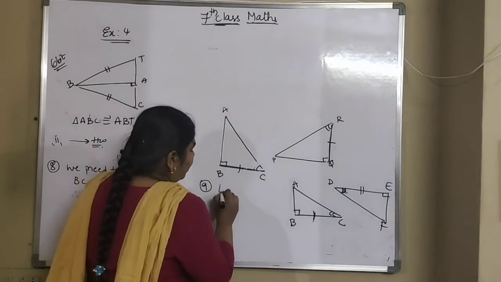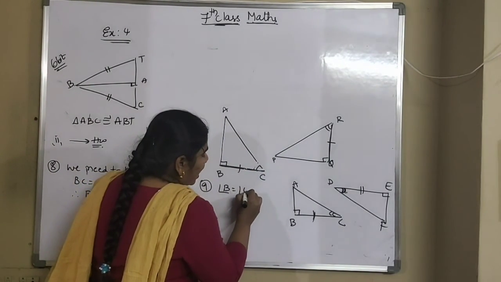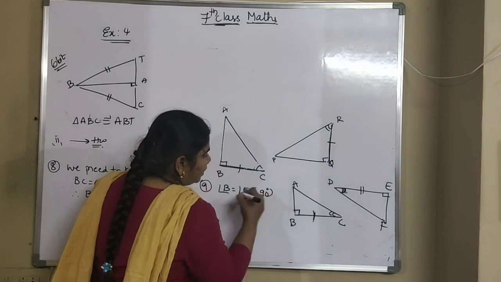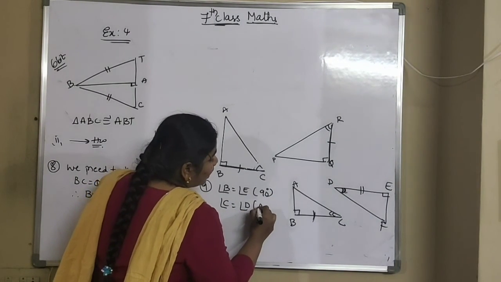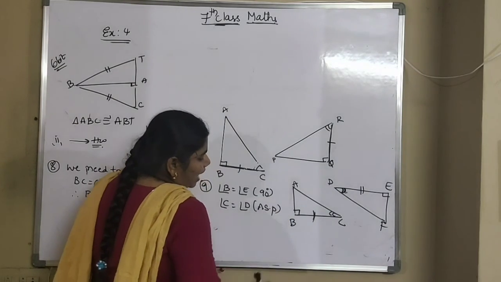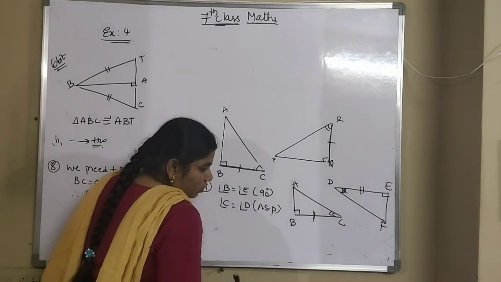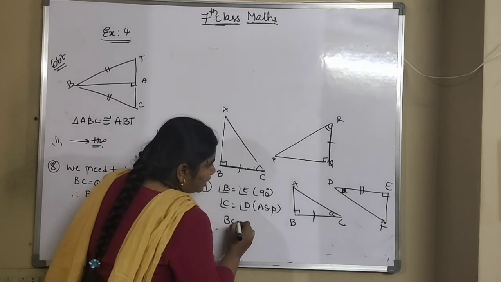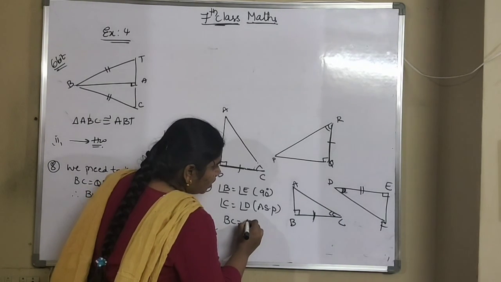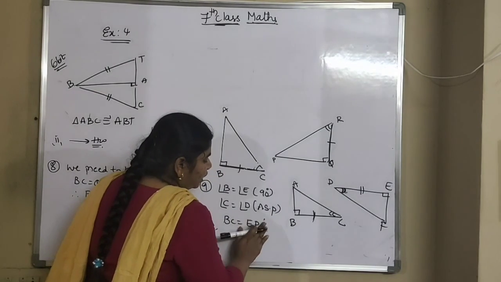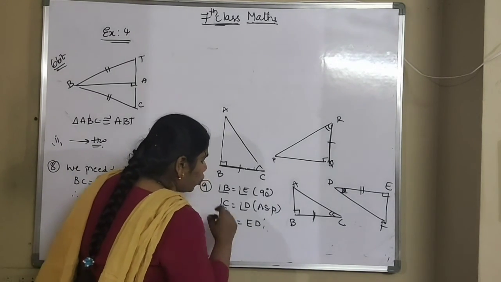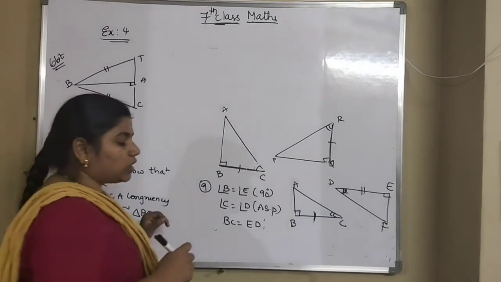They have given angle B is equal to angle E, that is 90 degrees, and angle C is equal to angle D by the angle sum property. And they have given BC is equal to ED. These two sides are equal. So by using which congruency can you say these two triangles are congruent?